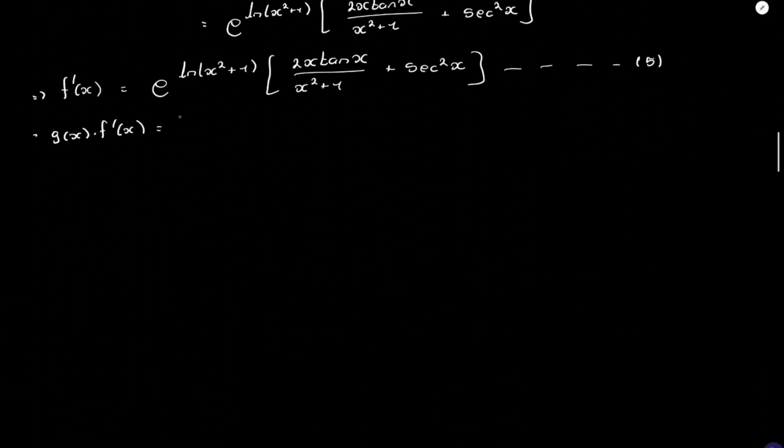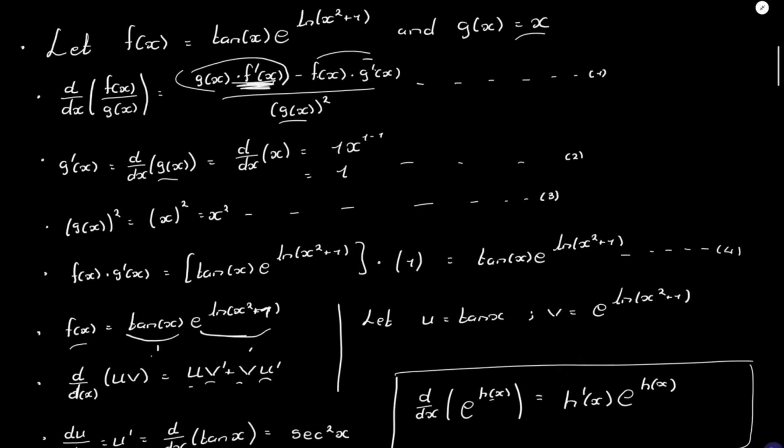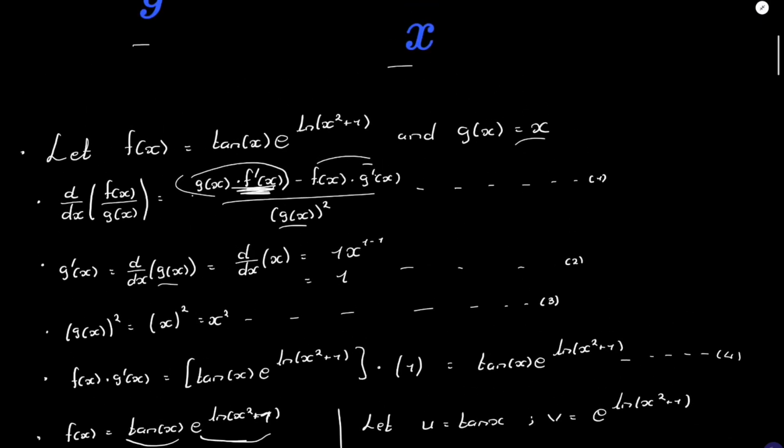So g of x f prime of x gives us x e to the ln of x squared plus 1, braces 2x tan x on x squared plus 1 plus sec squared x. Equation 6.